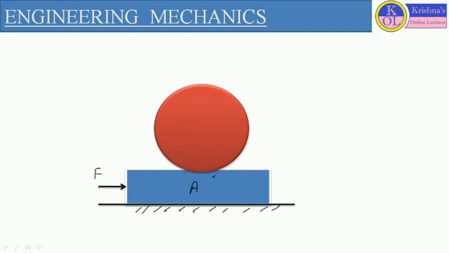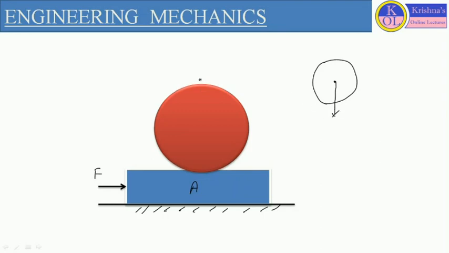So first, as I told you, we can draw the free body diagram for a single body as well as for a combination of bodies or for the assembly also. So if we want to draw the free body diagram for this particular diagram, first we will draw the free body diagram for the sphere. So for your understanding purpose, I am drawing the shape of the sphere. So here we have the circle. So here there are no other forces acting on the particular sphere. So the first force which we need to draw here is always weight.